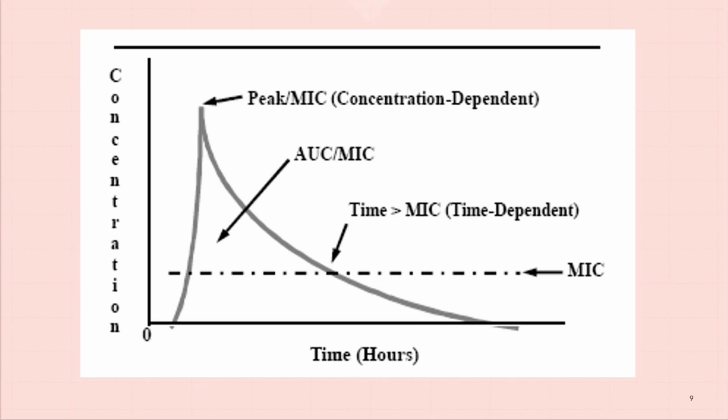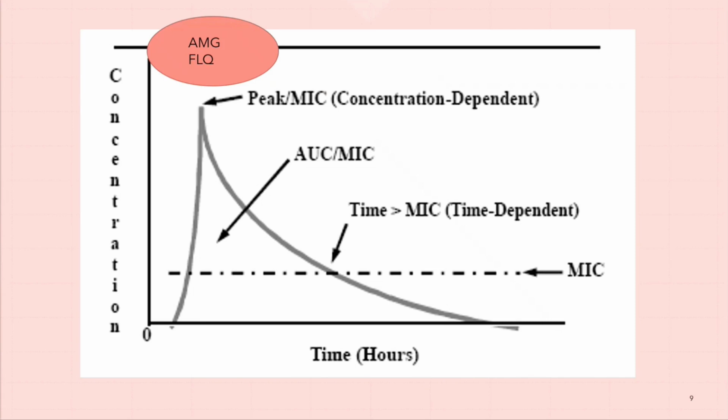So first, thinking about concentration-dependent antimicrobials, so peak to MIC, which is the ratio of the peak antimicrobial concentration to the MIC, Cmax. And this is what drives bacterial killing for these particular classes of antibiotics.